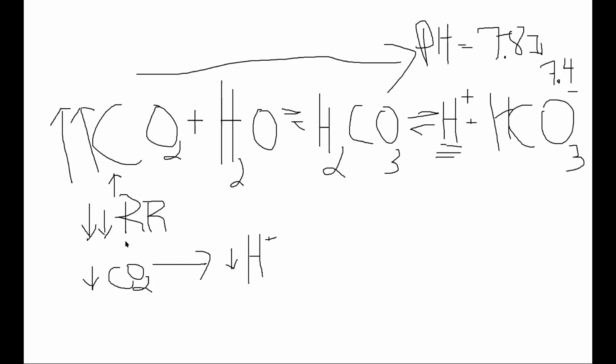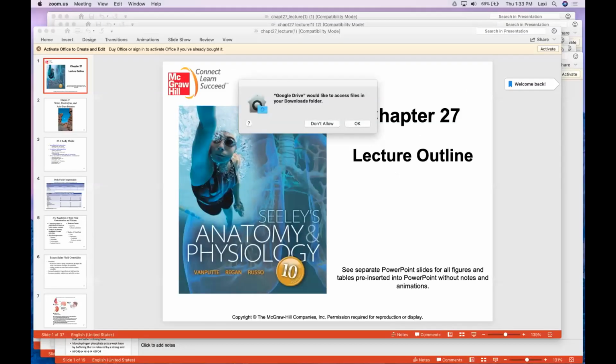So respiration rate plays a big role in acid-base balance, which is kind of crazy to think about, right? But it does. So let's take a look at what I mean. We'll come back to this in a second, but keep in mind that if we are alkalotic, our blood pH is increased.